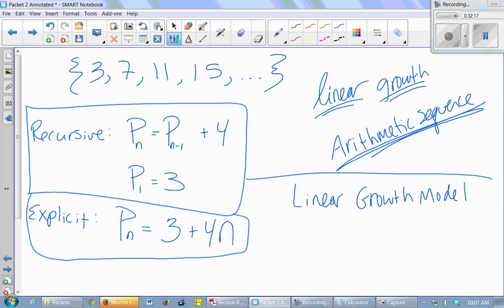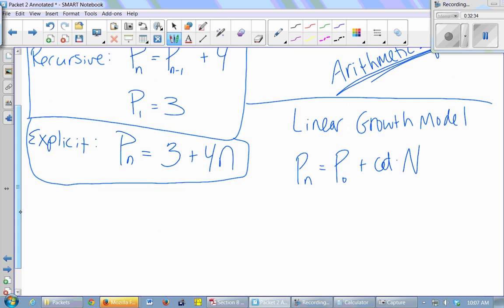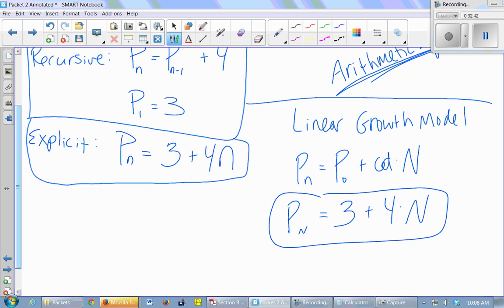It says P sub n equals P sub 0, your starting amount, plus your common difference, I'll just write CD for common difference, times n. Now you can just plug in the stuff. P0, my starting amount, is 3. My common difference is 4, times n, formula written.